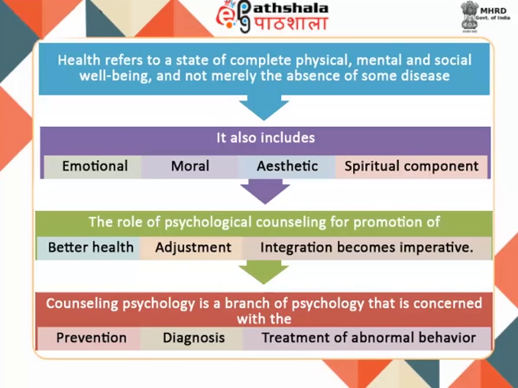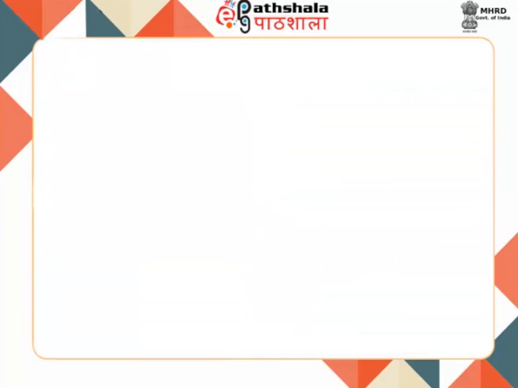In this module, we shall focus on the importance of psychological testing in counseling, testing in career guidance with focus on career interest inventory, and testing in family counseling with focus on family environment scale and dimensions of temperament scale. We also enlist a few tests that may be used in the counseling settings.